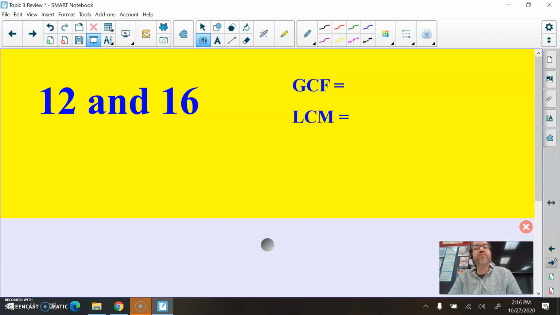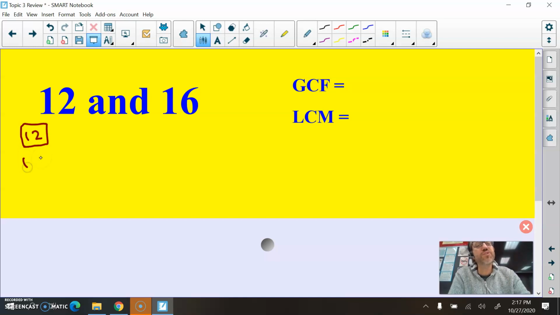All right, now GCF and LCM, greatest common factor, least common multiple. We could use factor trees to find these, but I think it's usually easier just to go ahead and list all of the factors to find the greatest common factor. So if I'm looking at the number 12, what are its factors? And I can list these out as what I call product pairs.